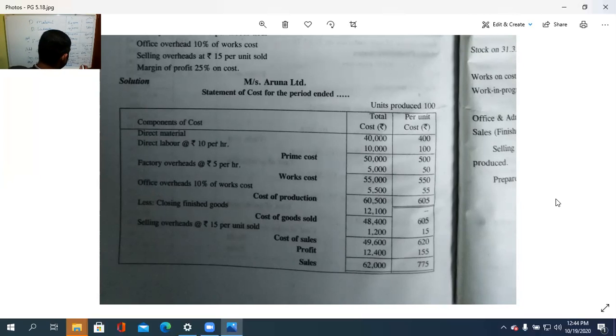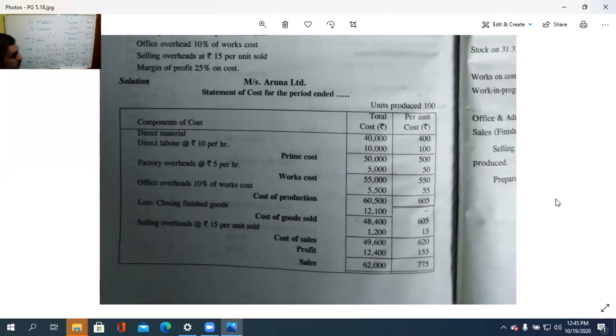So 12,400 divided by 80 units sold gives 155. 49,600 gives 620 per unit, and 155, so how much is it? 775. So 80 into 775, that is the 62,000 total. Check it.